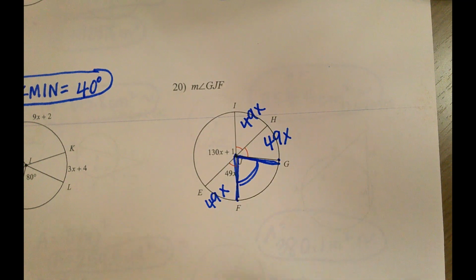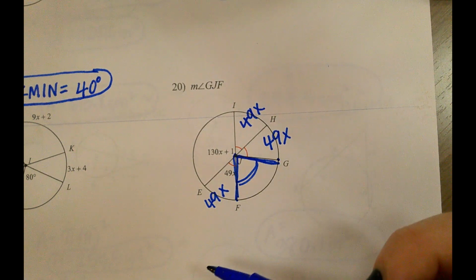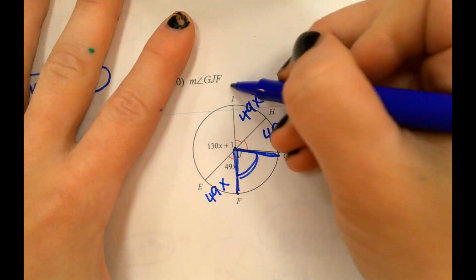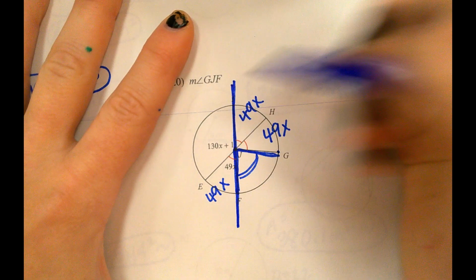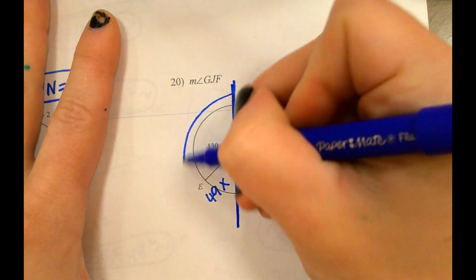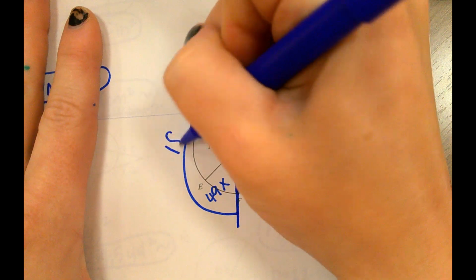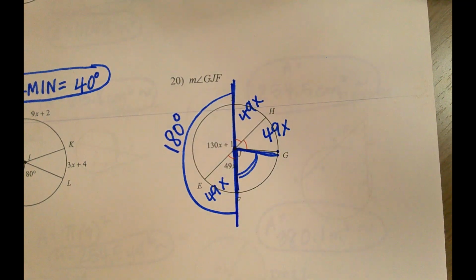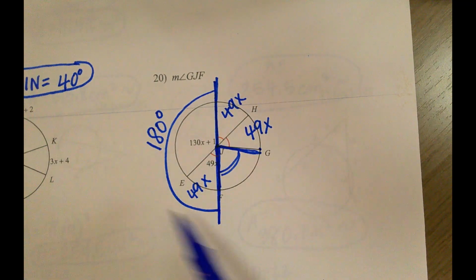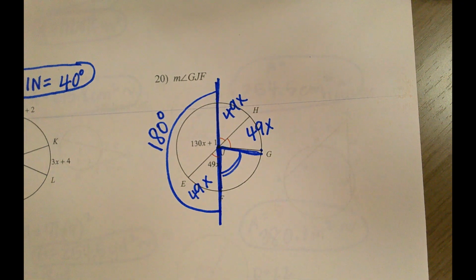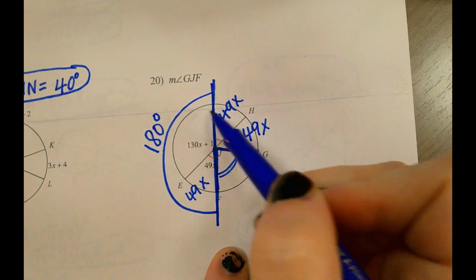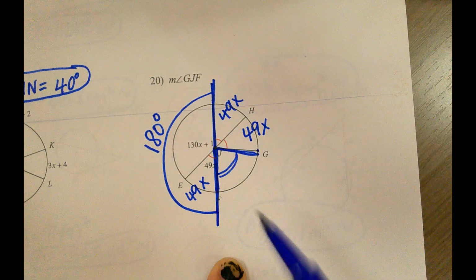The diameter would be this line, IJF, your diameter, instead of splitting that in half. Make the side with 130x plus 1 equal to 180, so the equation would be 130x plus 1 plus 49x equals 180. Perfect. All I can do is set things equal to 180 or 360. I don't have the 360, so we have to use 180. This is a diameter, it's half the circle.